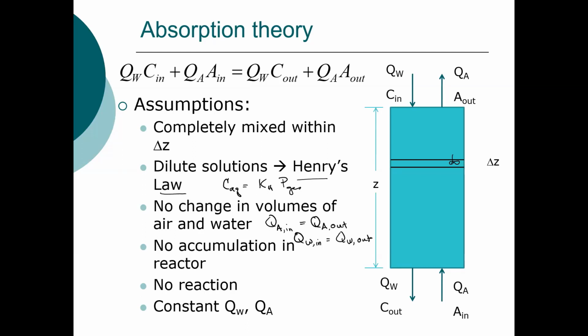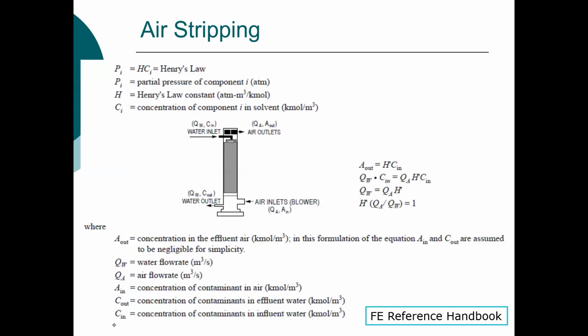We will also assume that there's no accumulation in the reactor. Now that's different than adsorption, where we did have accumulation in the reactor. We'll assume that we have no reaction and we have constant flow rate of water and constant flow rate of the air. So this image is from the FE reference handbook.